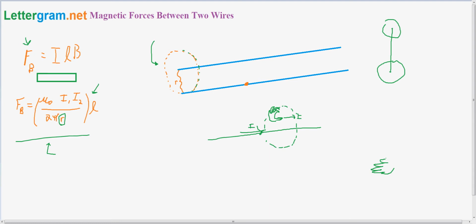Using this rule, where the magnetic field is this way, your velocity is this way, or the velocity of the electrons, which is opposite to the current, as I've explained in a previous video, and your palm is the force.